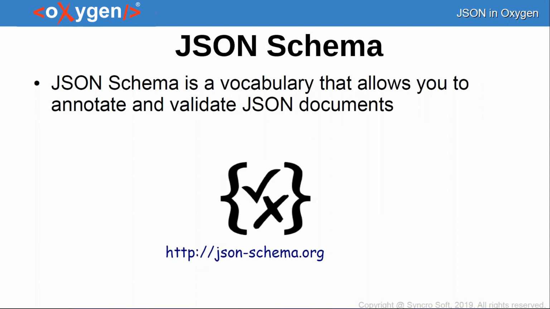JSON schema is a vocabulary that allows you to define the structure of JSON documents, validate JSON instances, and check if they conform with the specification. You can also use JSON schema to provide, for example, content completion and edit your JSON documents according to a specification.